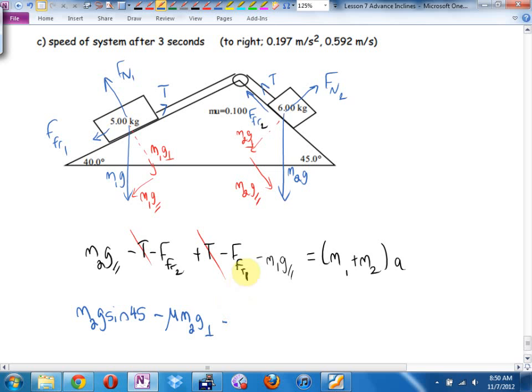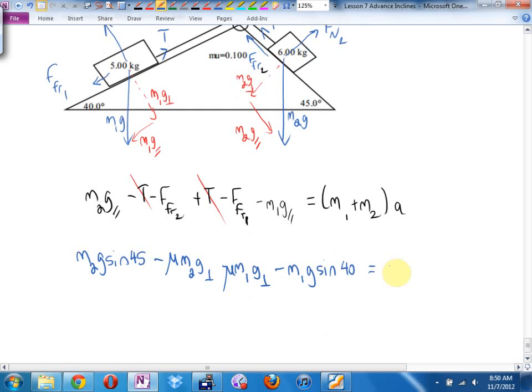Minus friction force number 1, that's going to be M1G perpendicular times mu. Almost forgot the mu. Minus M1G sine 40. How would I get the A by itself, Vlad? Divide. I'm going to go equals A, divided by M1 plus M2.